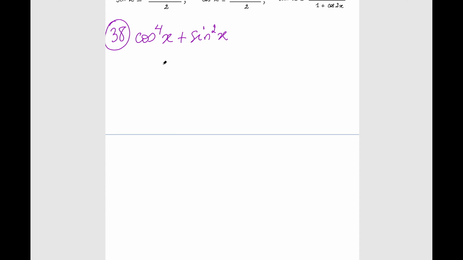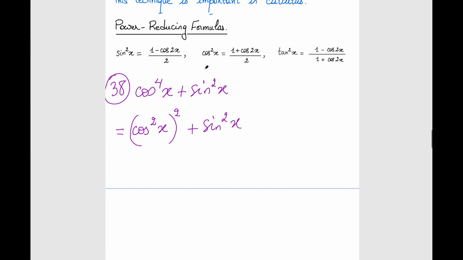So cosine to the power 4 of x, as we said, is the same as cosine squared of x, squared, plus sine squared of x. And this is the same as the square of cosine squared x. And what's cosine squared x?